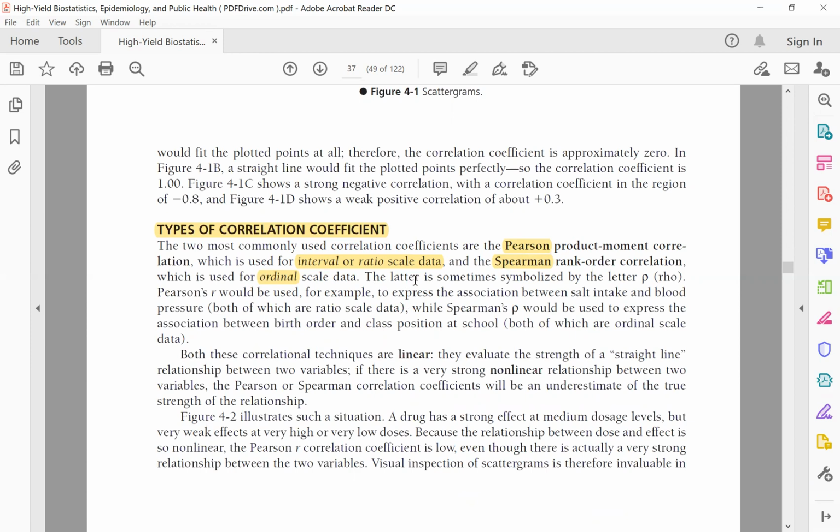The latter, Spearman, is sometimes symbolized by the letter rho. Pearson r would be used, for example, to express the association between salt intake and blood pressure, both of which are ratio scale data, while Spearman's correlation coefficient would be used to express the association between birth order and class position at school, both of which are ordinal scale data.